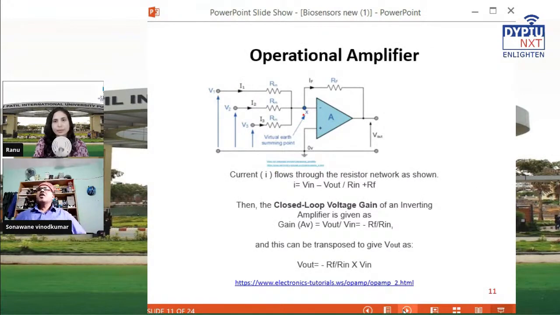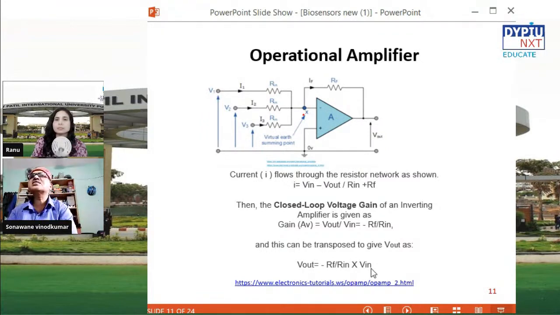Operational amplifier is used on a large scale. It has an advantage over the transistor. It is miniaturized in size, and what we get is a V output. The V output is nothing but the V reference voltage, and the input resistors decide the signal.